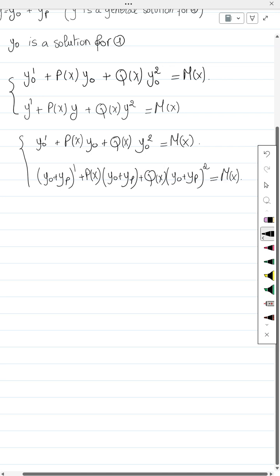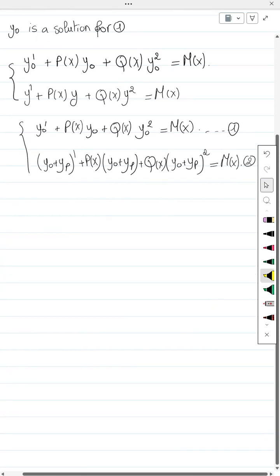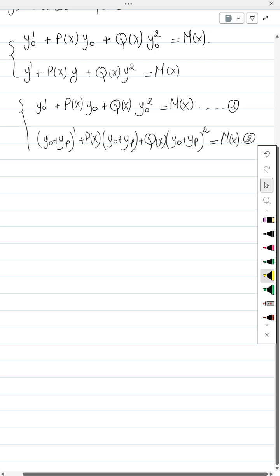Now what we should do is subtract equation number 1 from equation number 2, and we're going to obtain the following. Let me first rewrite the equations. Equation 1 is y0 prime plus p(x) y0 plus q(x) y0 squared is going to be equal to m(x).